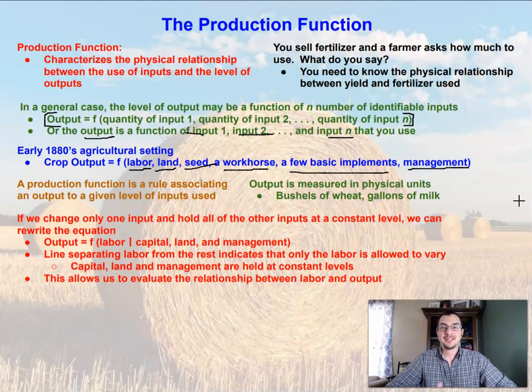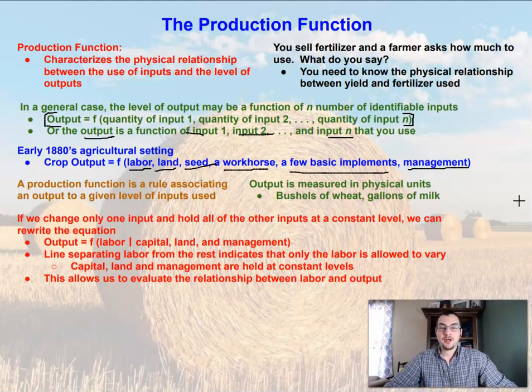Because in the early 1880s, that was really before fertilizer and a lot of precision agriculture and pesticides and herbicides really started coming onto the scene. So that could be left out. It was more of a function of just land, labor, what kind of seed you use and how much. Did you have a workhorse? Did you have a few basic implements? And how are you going to manage that land?